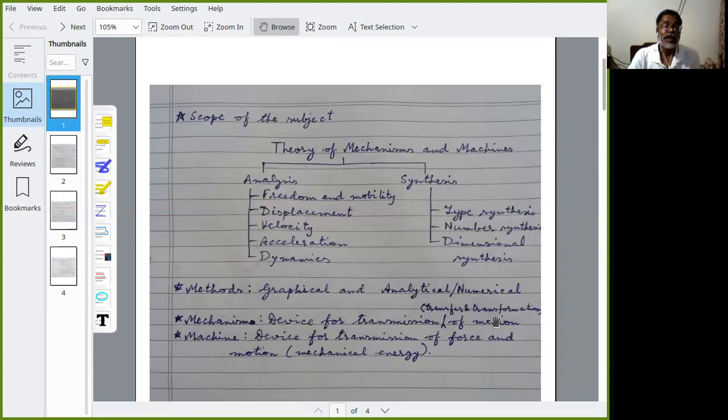What will be the device which is for transmission of forces only? And whatever little minor motion may be there or may not be there, that is insignificant or should not be there for that matter, that device is called a structure.